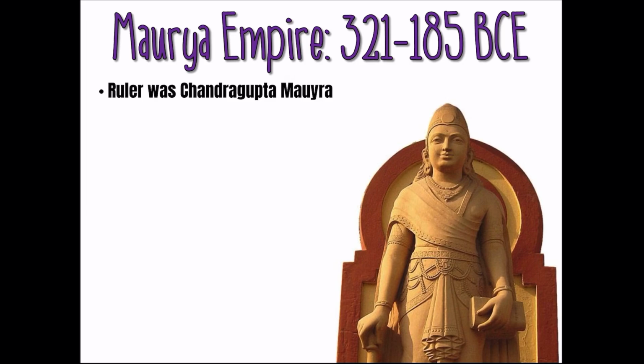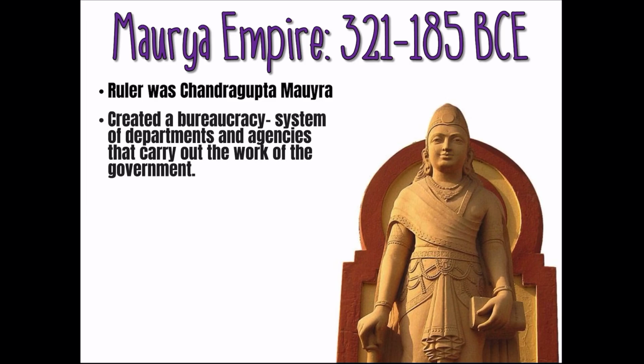Chandragupta Maurya united India's kingdoms into one empire. He created a bureaucracy, which was a system of departments and agencies that carry out the work of government. You already looked at that idea this year when we studied ancient Egypt. It's the same government system that the pharaohs used.